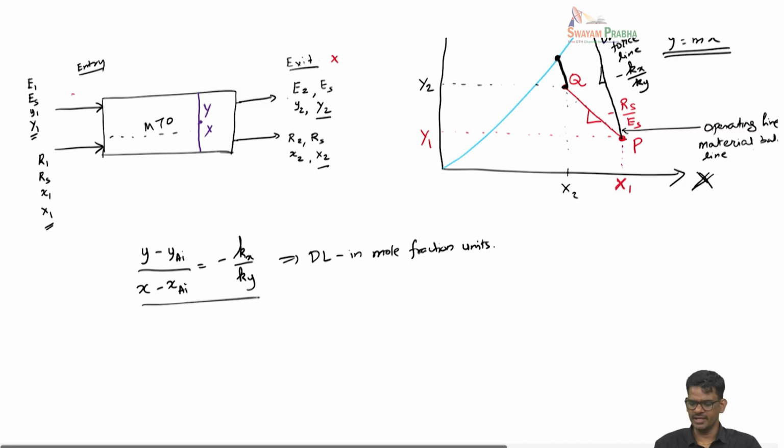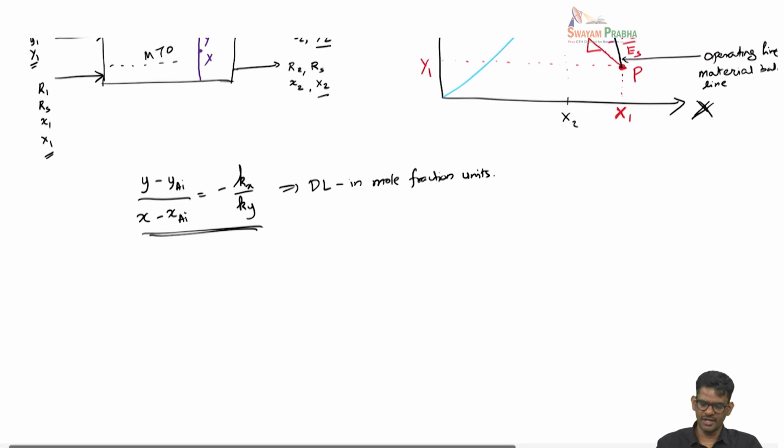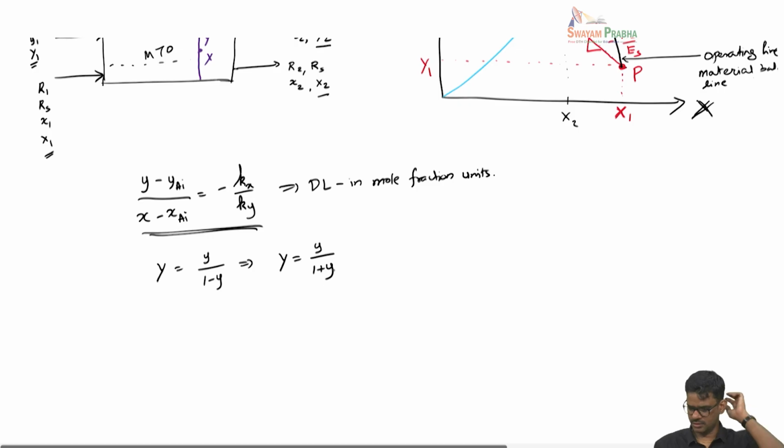So this would be the equation of a straight line, provided that you are using mole fraction units. But now if you convert this into mole ratio, capital Y is defined as y by 1 minus y. So from here you can see, this is 1 by y.